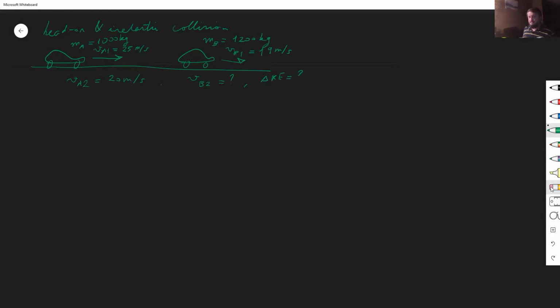All right, so what do we know? We have the momentum conservation, which is always true. MA VA1 plus MB VB1 will be equal to MA times VA2 plus MB times VB2.